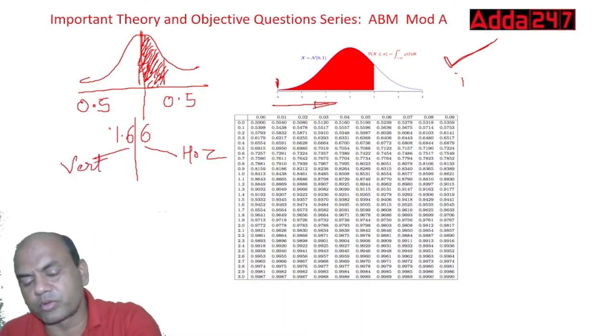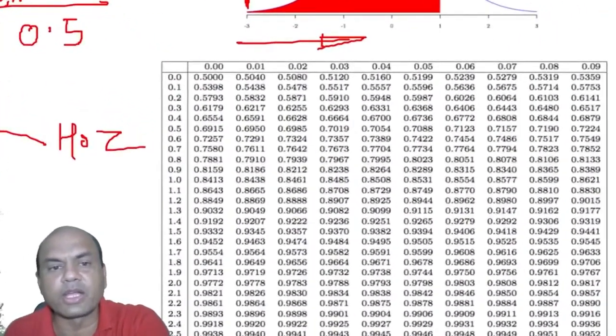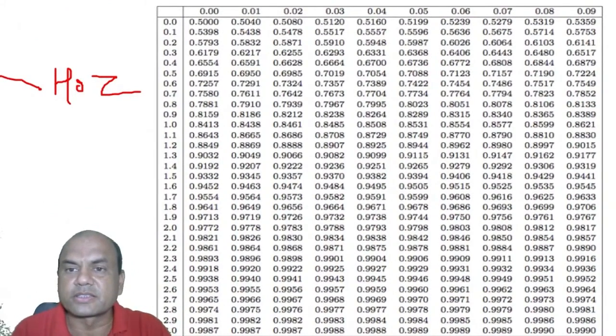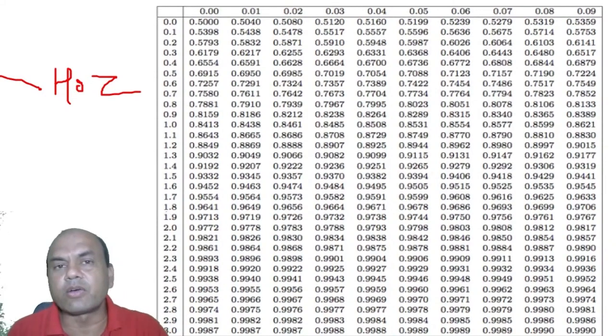Now go forward. Vertical first: 1.6 over here, and then the other 6 is over here. Match this 0.06 and 1.6, and it is coming to 0.9515. Look at this, everyone is getting this 0.9515. Let me see how many of you are getting this answer.